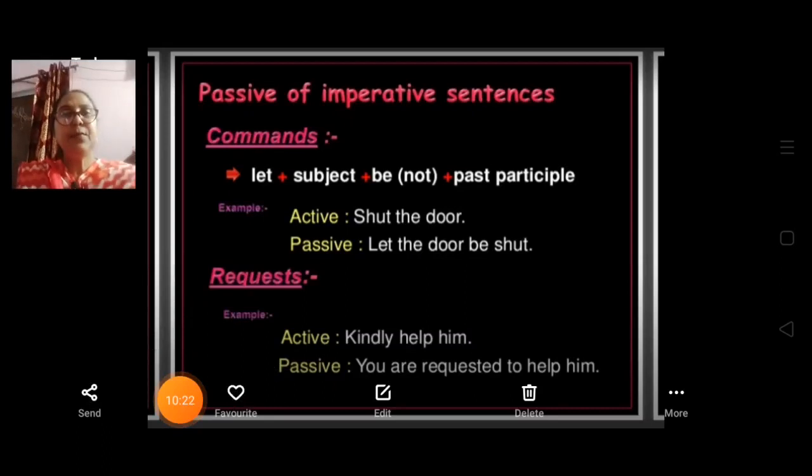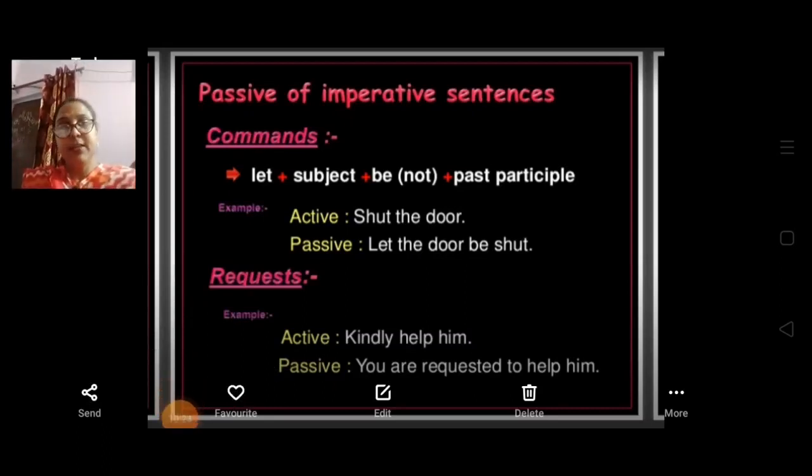Now, passive of imperative sentences. If the active voice is given in an imperative sentence, how do we change it to passive voice? If it is a command, then let plus subject plus be or not, and then past participle. For example, shut the door.